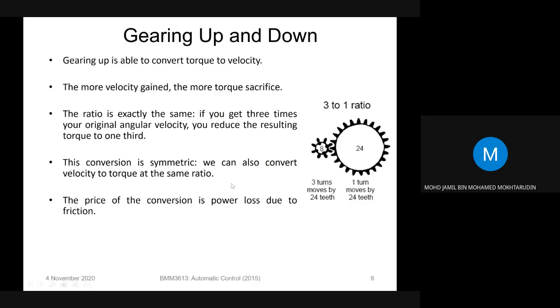So this conversion is symmetric. We can also convert velocity to torque at the same ratio. The price of the conversion is power loss due to friction. Okay, so kalau nak modelkan gears secara lebih detail, we can model power loss due to friction. Benda ni usually ignored, okay?